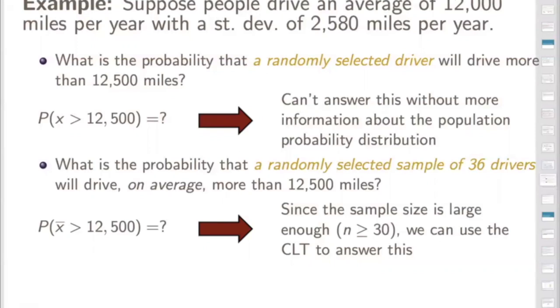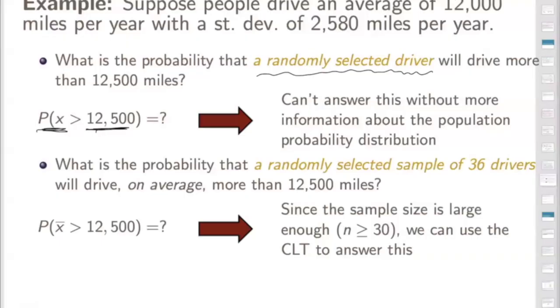So what is the probability we need to find? The probability that x is greater than 12,500. Why x? Because it says randomly selected driver.